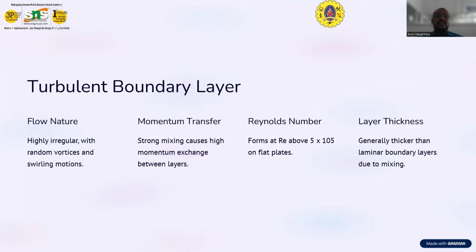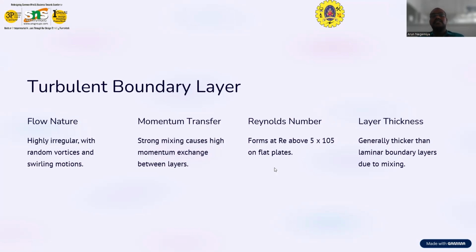And these are all the turbulent boundary layer regions. So here there is high mixing of one flow with another. The boundary layer thickness can be classified into three types. First, what is meant by boundary layer thickness?